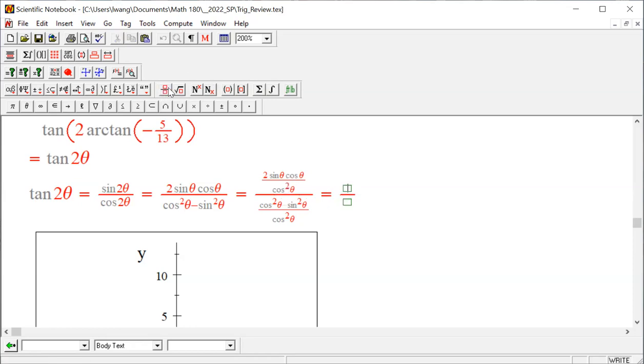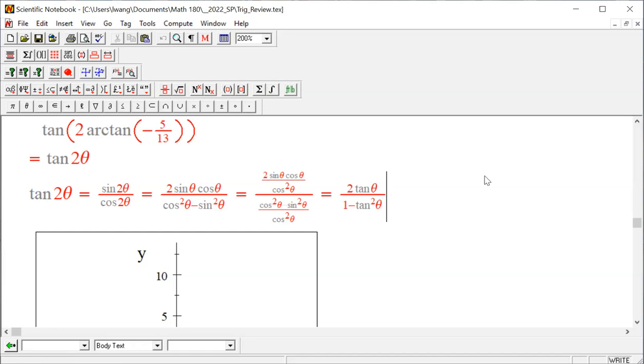So on the top, we have 2 times tangent theta because you're left with sine theta over cosine theta. The bottom, cosine squared theta divided by cosine squared theta, is 1. So 1 minus tangent squared theta.